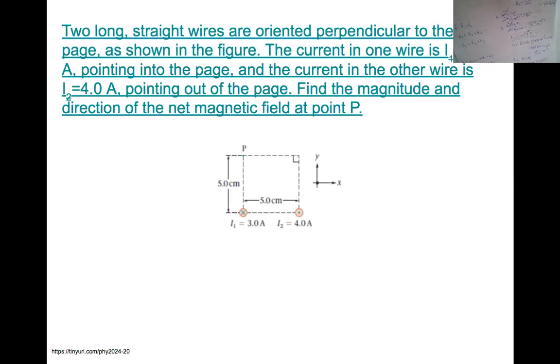If you want, you can calculate the magnitude. The magnitude will be the square root of the x component squared plus the y component squared, times 10 to the minus 7. At the end, that will be equal to 8.9 times 10 to the minus 6 Tesla. That is the magnitude.